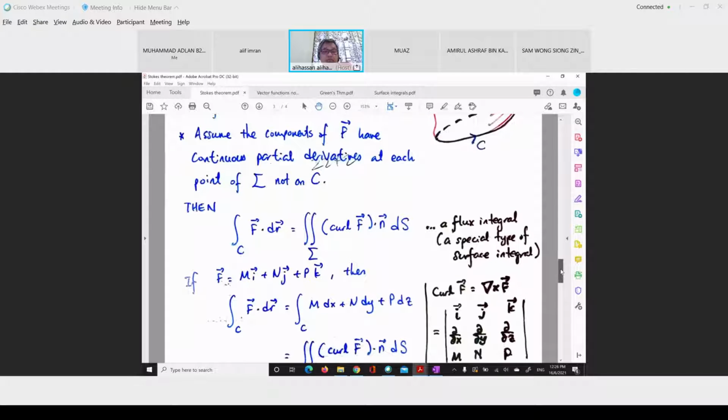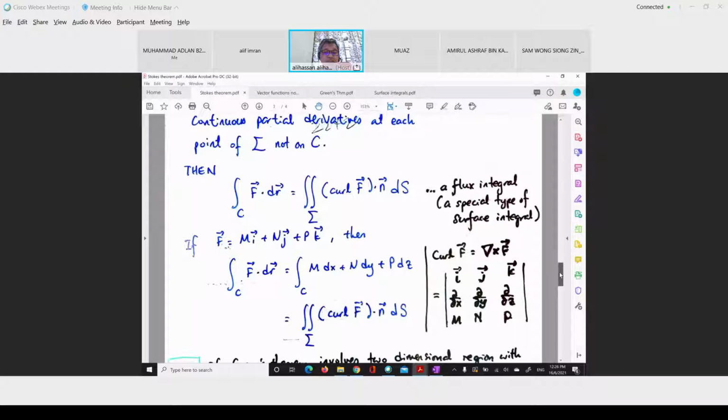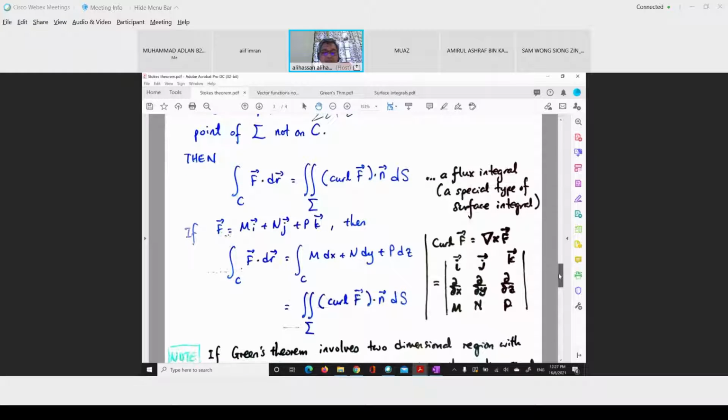Okay, there is a proof to this result. I'm going to skip the proof here. If I teach mathematics students, then I will describe the proof to the students. But for the engineering students, let's just apply this result.